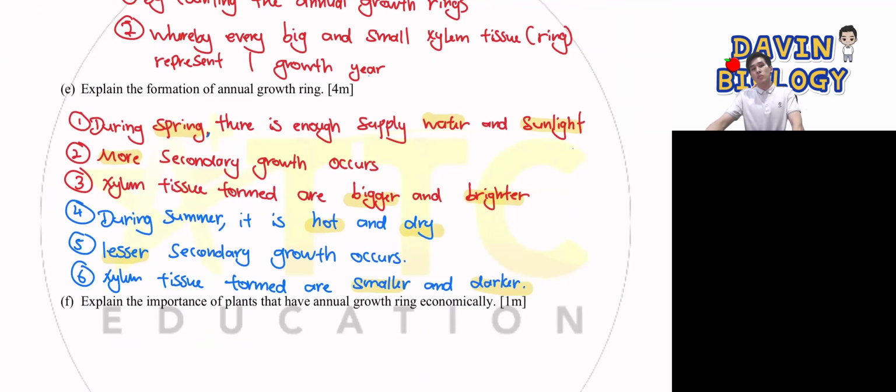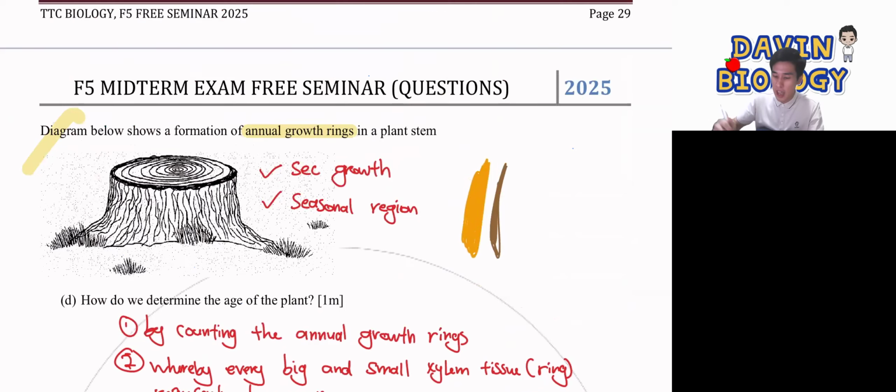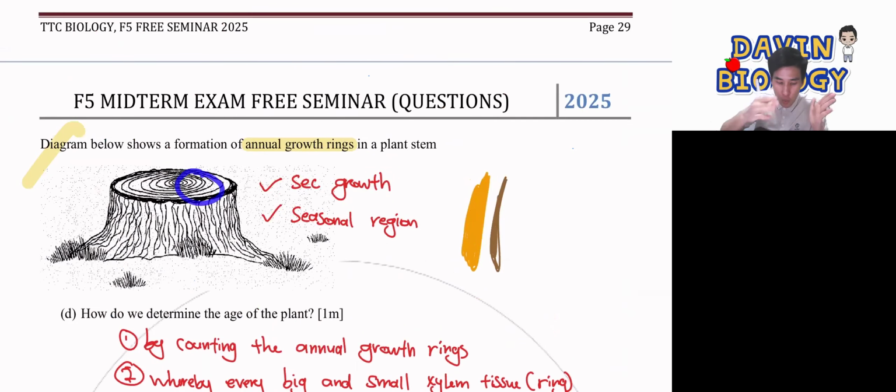So then the last one, explain the importance of plants that have annual growth rings economically. So let's say if you cut down the trees in Malaysia to produce furniture, compared to if you cut the trees overseas. The wood that you cut overseas will be more valuable because of the annual growth rings. Which means your wood has a pattern. Sometimes you see those expensive furniture with thick and thin lines.